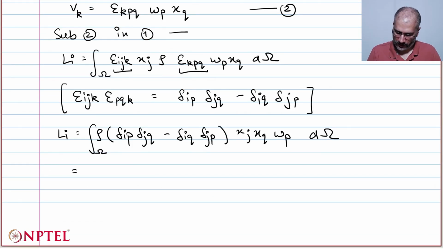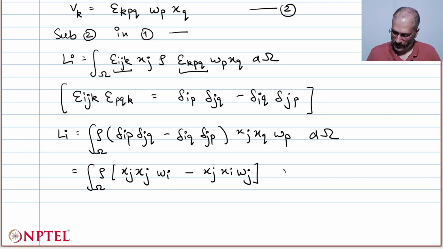Let's expand this now. We have an x_j and x_q becomes an x_j and omega_p becomes an omega_i minus x_q becomes an x_i and omega_p becomes an omega_j times d capital omega.